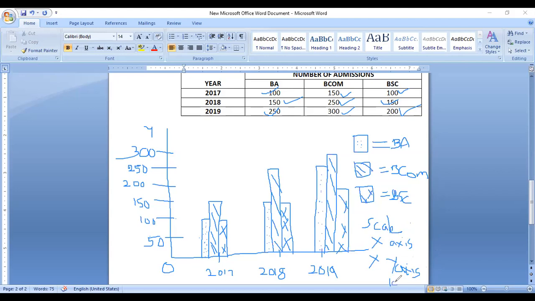One centimeter is equal to 50 students. Similarly, on the x-axis, we have shown BA, BCom, BSc groups. Okay, so like that you have to compulsorily write scale and features of various bars. I hope you understood this.